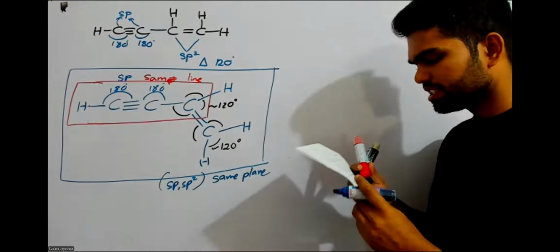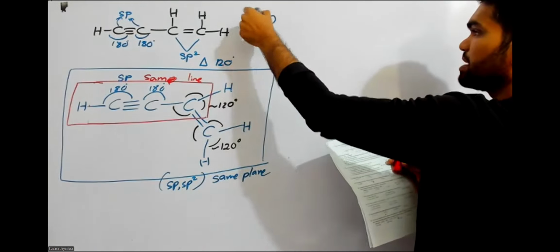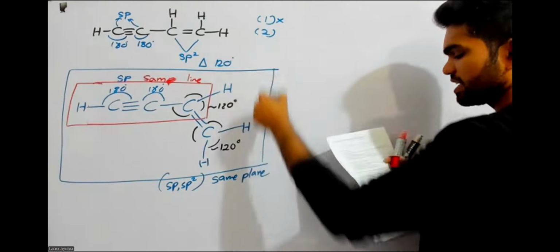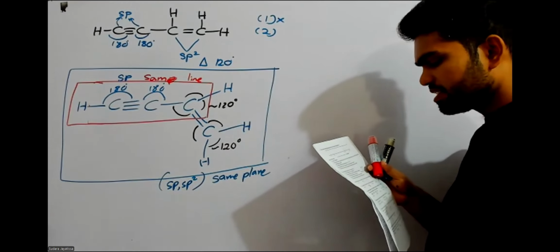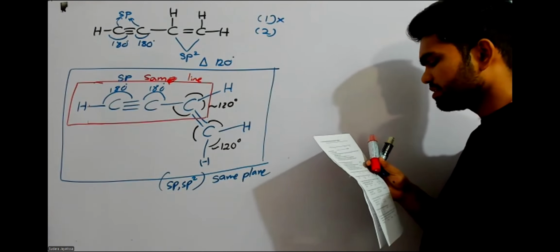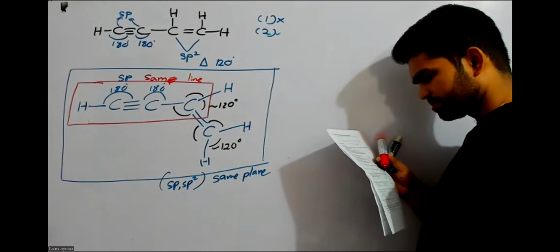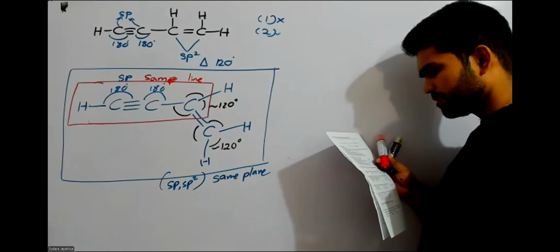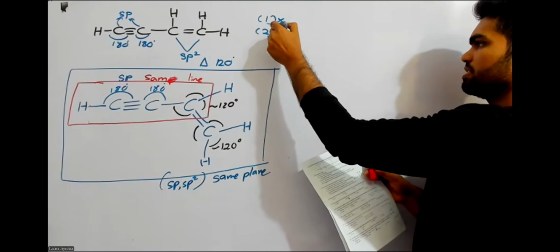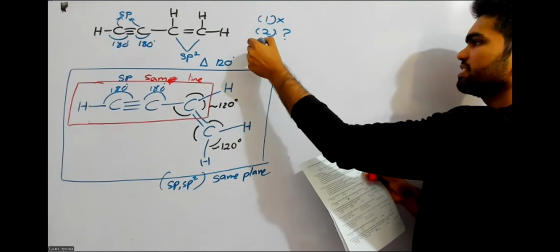Okay, so the first statement is false, telling all four carbons are in the same straight line. Go to the second one. Hybridization state of carbon atoms are different from each other. That's also correct. Wait. Different from each other. So there's a small confusion. Okay, let's leave it and see.